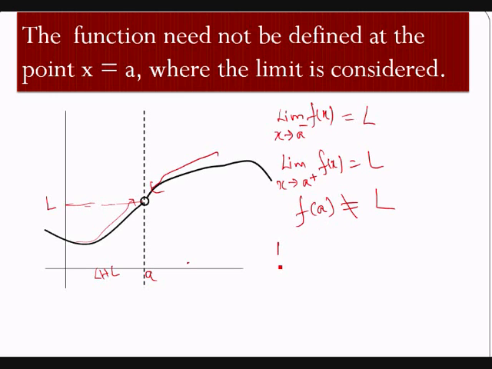Therefore, the limit as x approaches a of f of x is equal to L, but this L is not equal to f of a. In the previous case, we had the limit of f of x as x approaches a equal to f of a. In this case, the limit exists, but the limit is not equal to f of a.